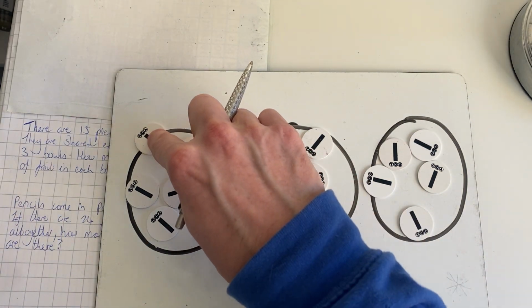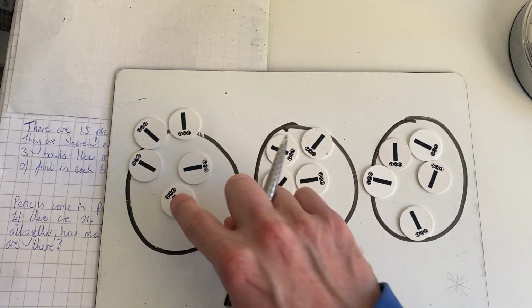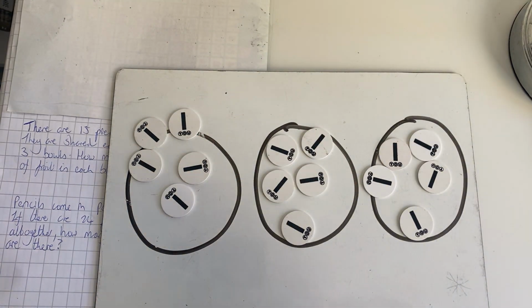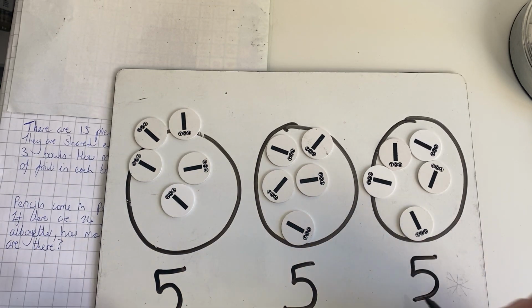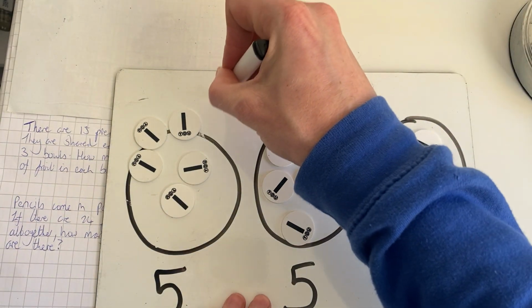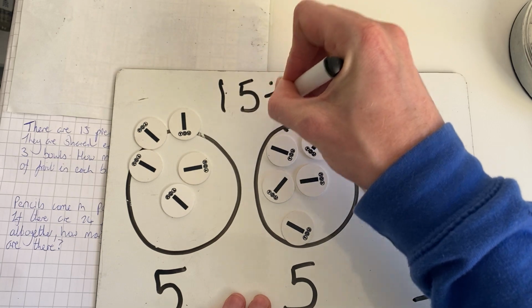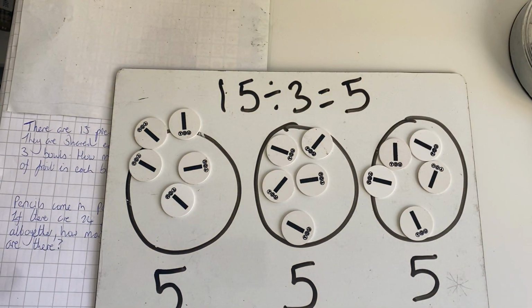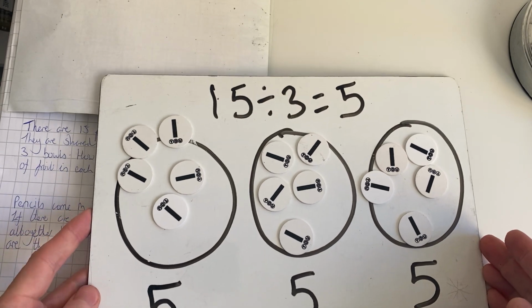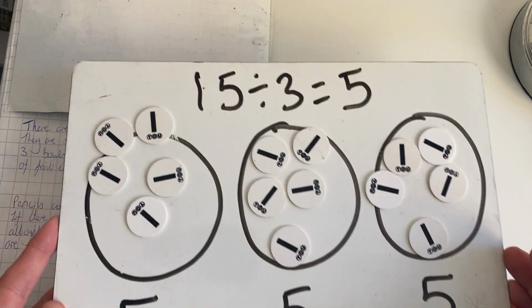So we're going to count 1, 2, 3, 4, 5. So in each bowl there are 5 pieces of fruit. And altogether we have 15 pieces. So that could be written as a division: 15 divided by 3 equals 5. So that's another question using a visual representation.